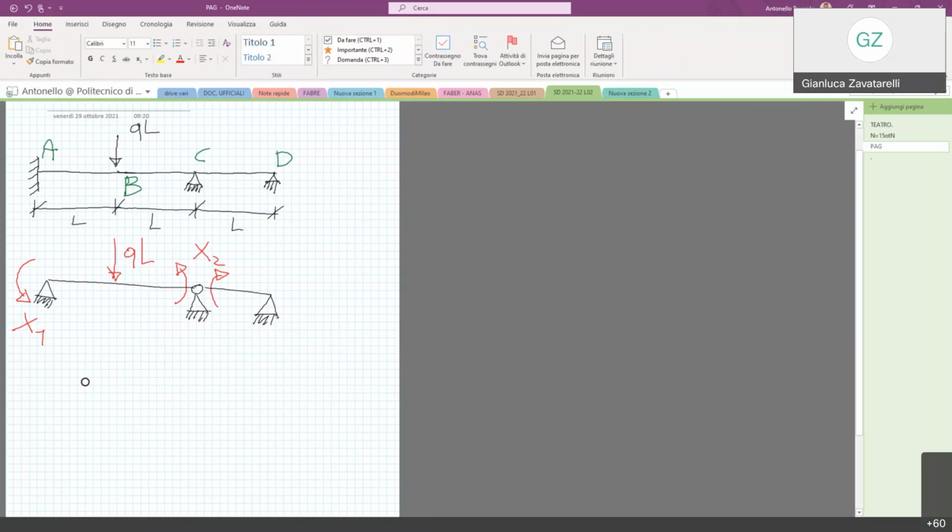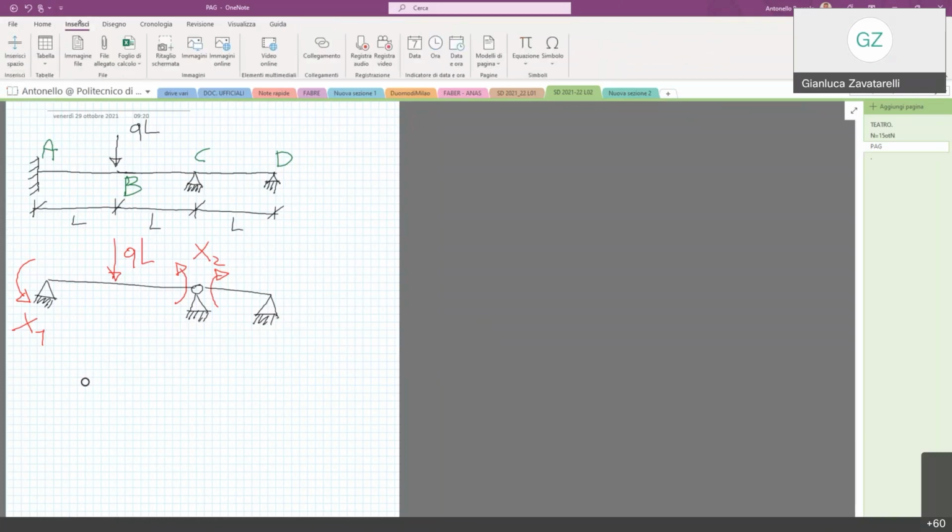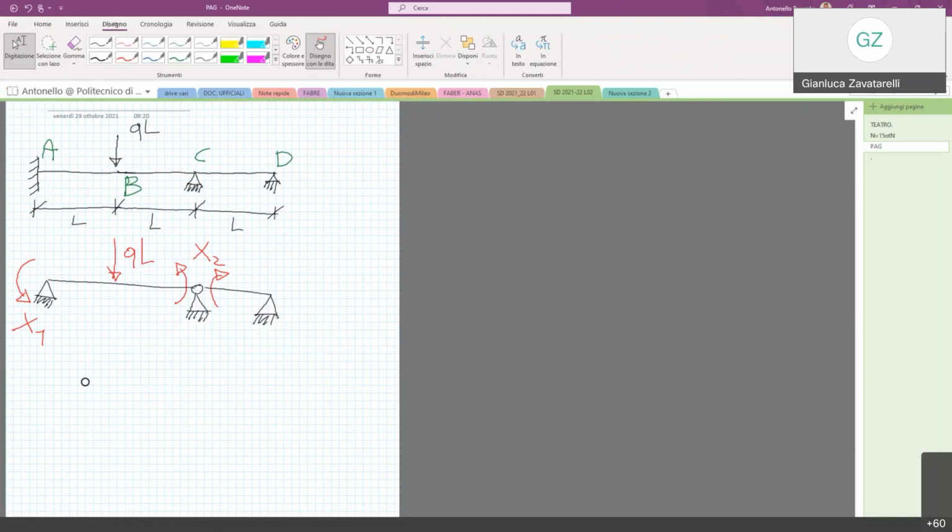I just wanted to ask you if we have to decide which one to release. I mean, the structure is just one time redundant, right? You can decide whatever you want to release. You can also decide to keep the structure like this, so that you have just a clamped-in section.